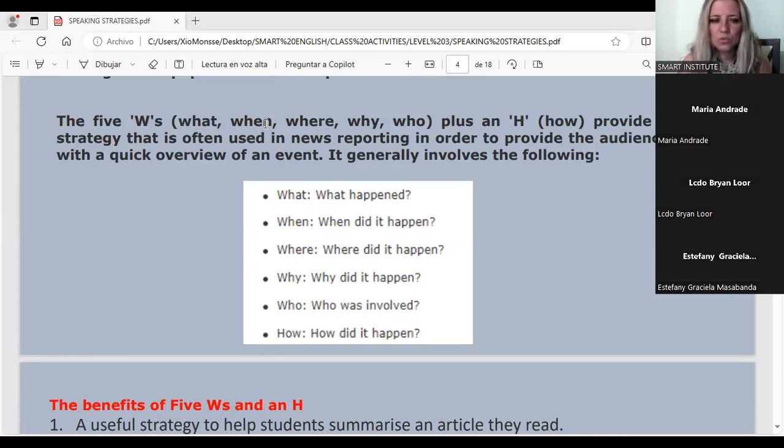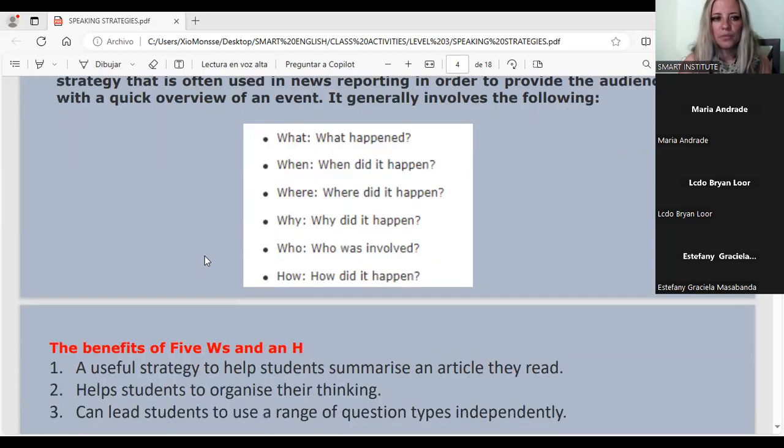When is your birthday? So you can practice this with your students at school too. It's not necessary that you are in seventh grade or eighth grade. You can practice in third grade too.